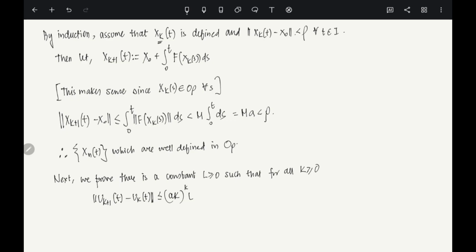If we show this, we basically show it is a Cauchy sequence, and then we can get what we want. So how do we show this?